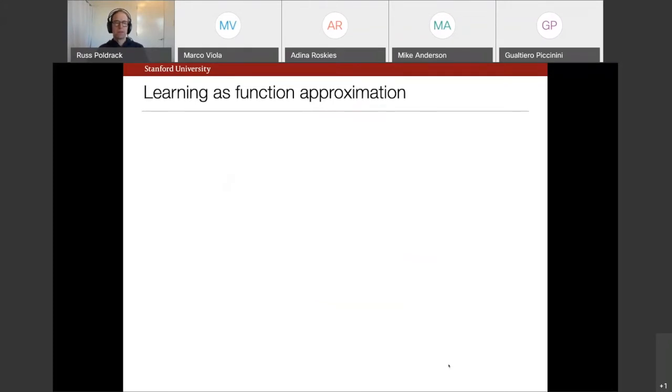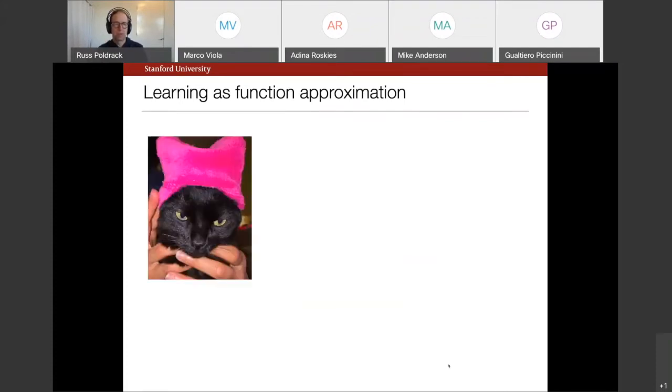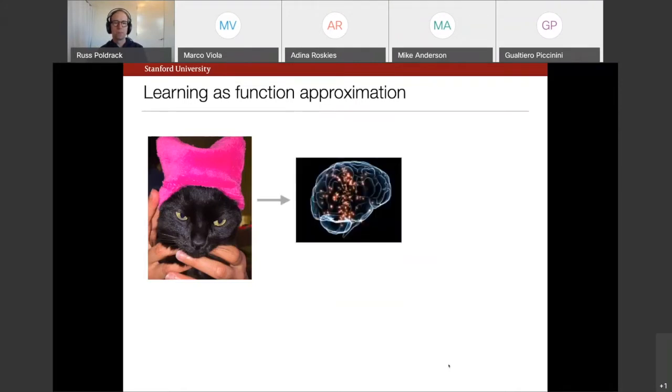Okay, so I want to lay out a way to think about what these models are actually doing, which requires us to think of learning as function approximation. So when I see this particular image, what happens? That image goes into my brain, it goes through my visual cortex, and it comes out with me saying, hey, Coco in a hat, chuckle.